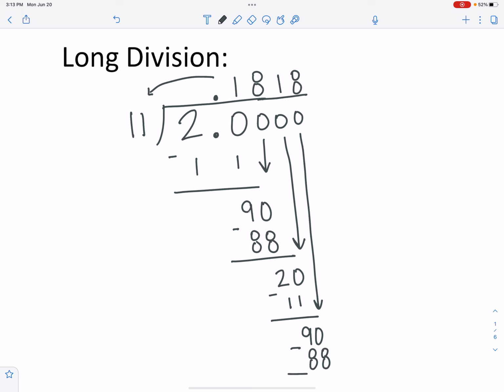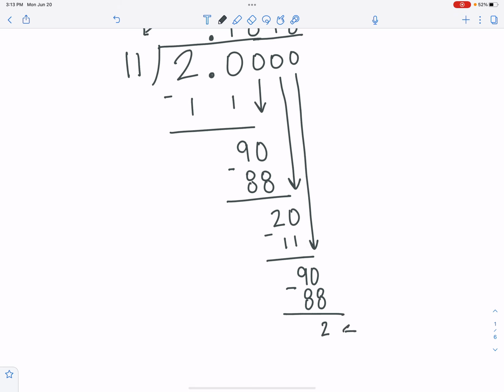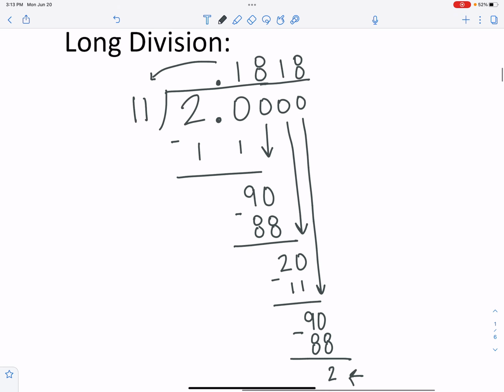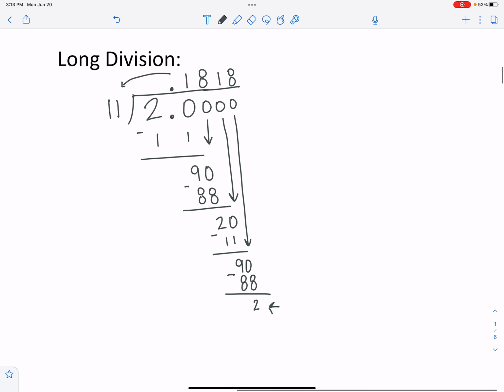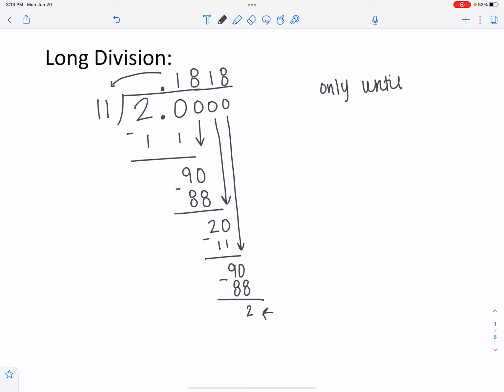And so you can start to see that it's repeating. And so I can't say that that's the remainder, because it just keeps going on and on and on forever. You only need to do long division until the digits start to repeat. Once the digits start to repeat, then your work is done. So once that has happened, then you have shown adequate work.